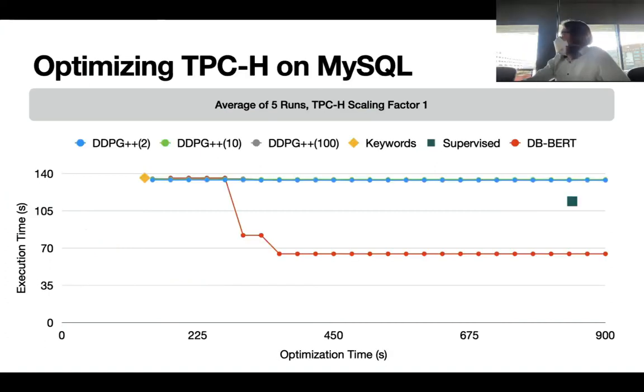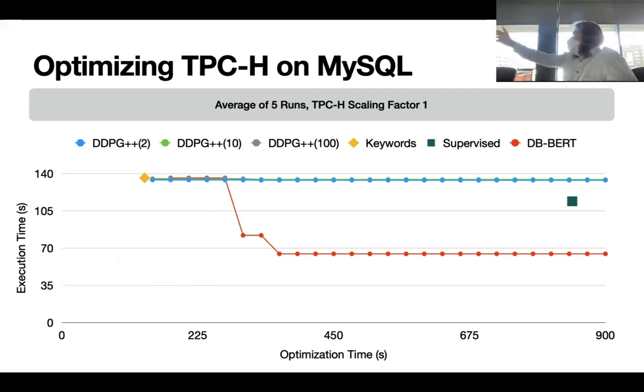Now, here are some first results. It's about optimizing TPCH on MySQL. Here on the x-axis, we have optimization time in seconds. On the y-axis, we have the execution time in seconds that depends on the configuration parameter settings that we execute.